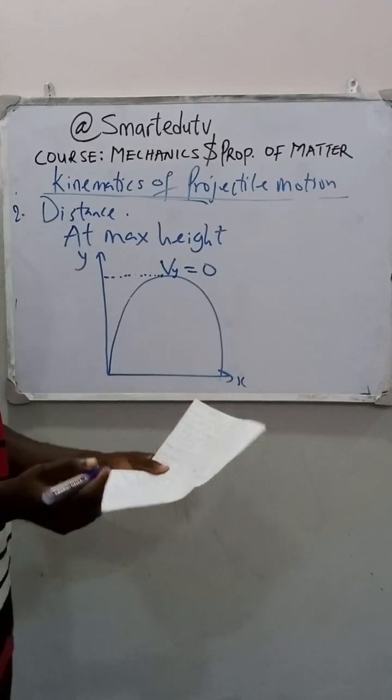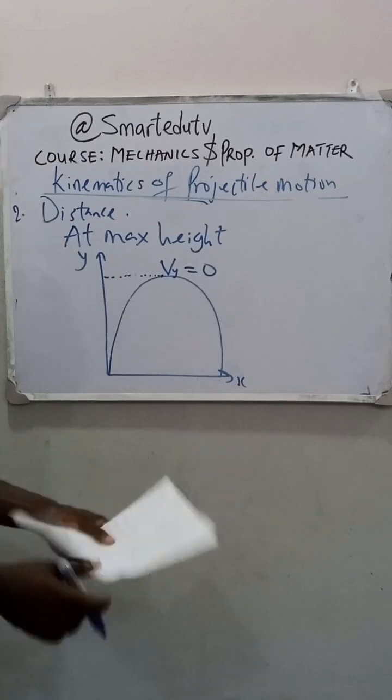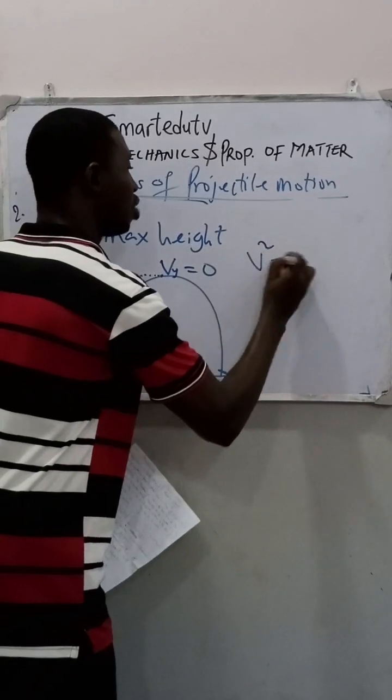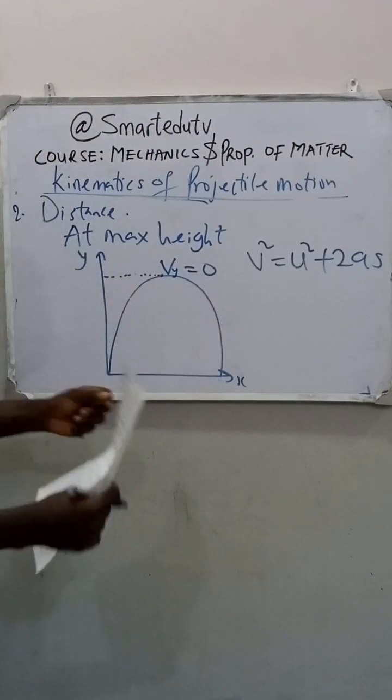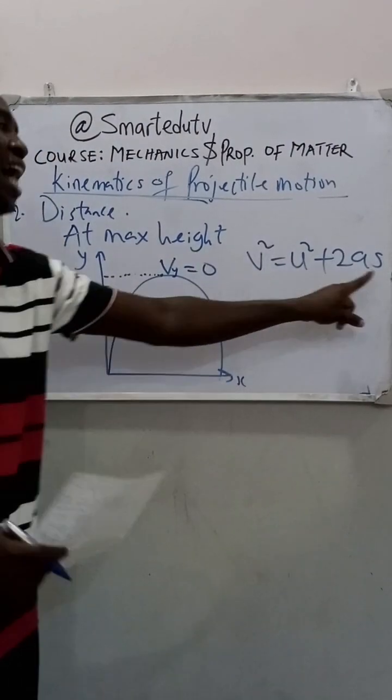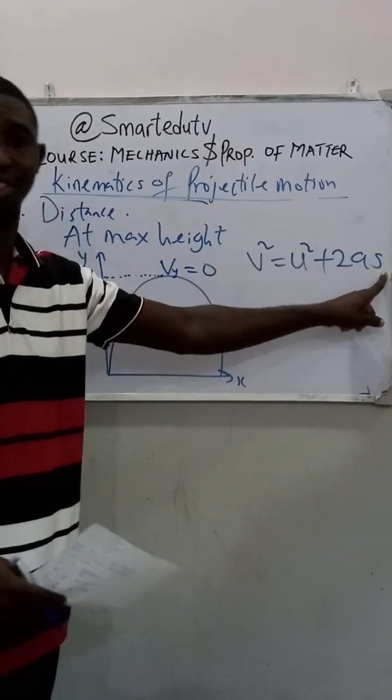The only equation that relates velocity to height is v squared equals u squared plus 2as. It relates velocity to height or distance. Either you call it height or distance, they mean the same thing.